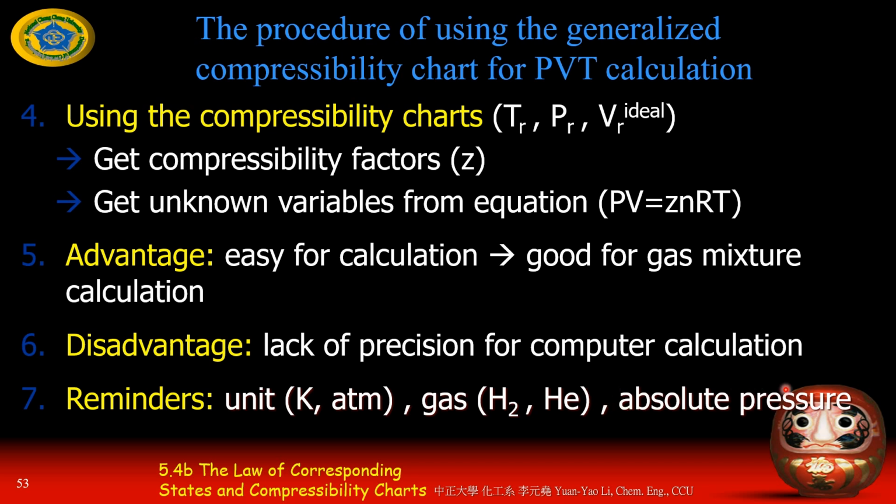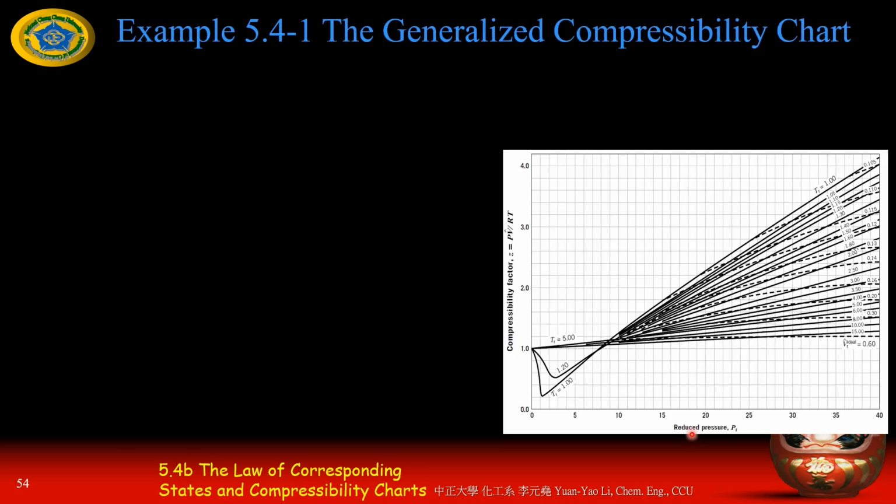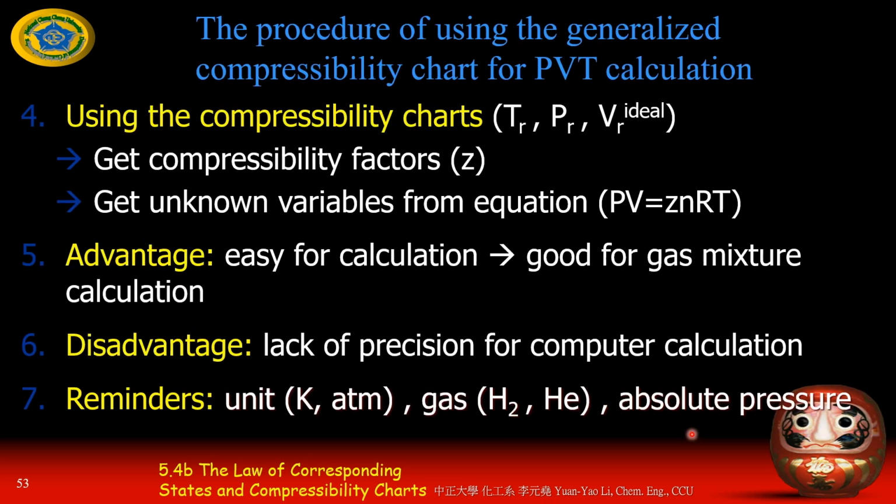And we always talk about absolute pressure. It's not gauge pressure. It's absolute pressure. So when the question tells you the gauge pressure, you need to add 1 atm in order for it to become absolute pressure. Okay? Right. So that's the procedures of using the generalized compressibility chart for PVT.